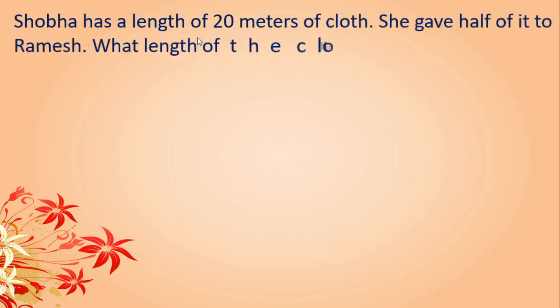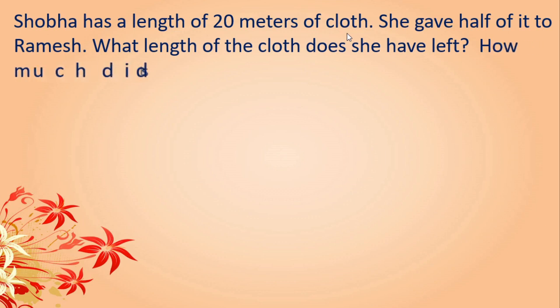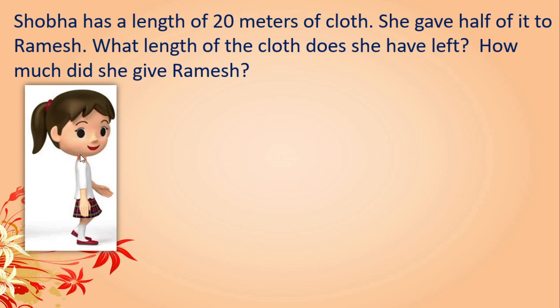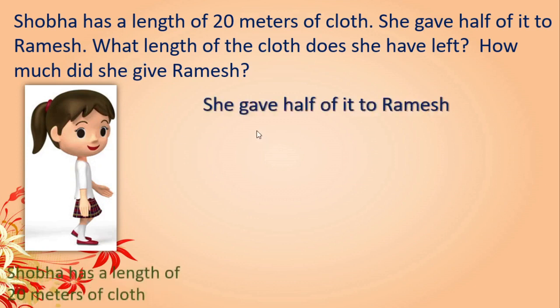See, Shobha has a length of 20 meters of cloth. She gave half of it to Ramesh. What length of the cloth does she have left? How much did she give Ramesh? Half of 20 meters is 10 meters, isn't it?